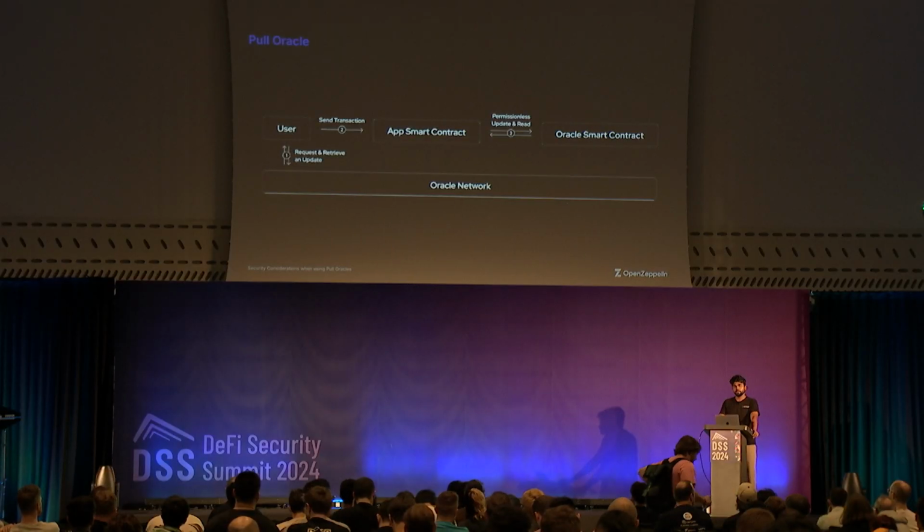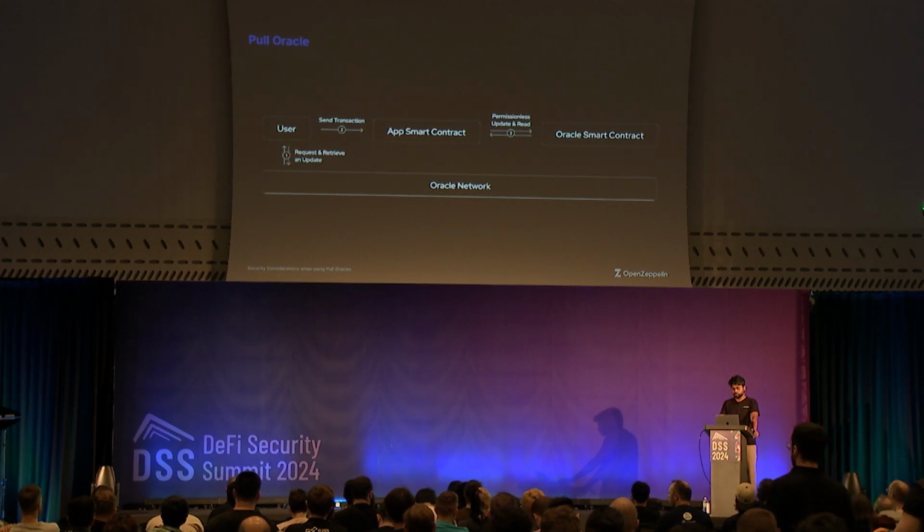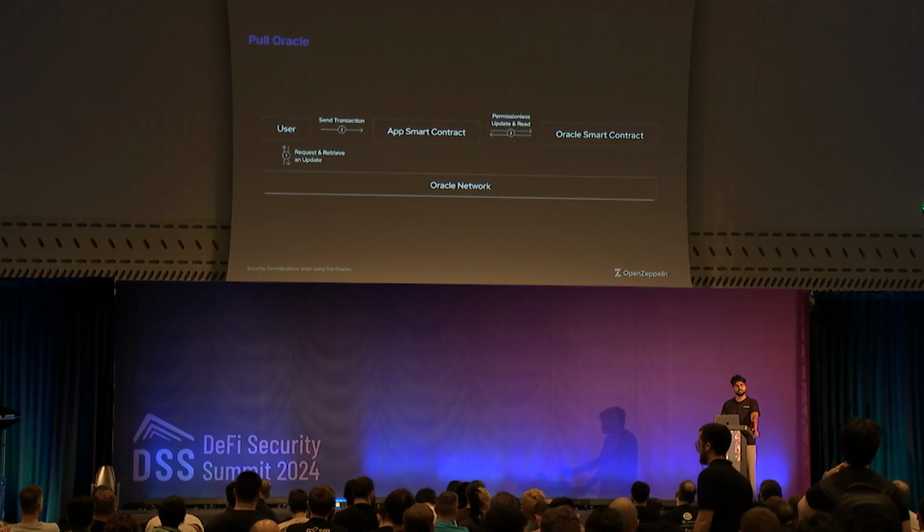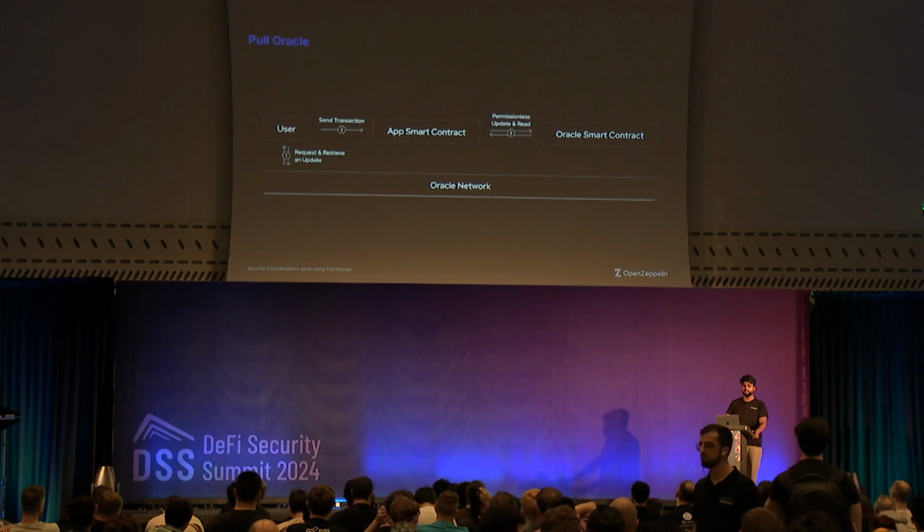So let's come to what pull oracles are. When you use a pull oracle, the end user themselves is responsible for transmitting the data or price, whatever you want to use, onto the blockchain itself. Imagine I'm a user and I want to interact with a dApp.